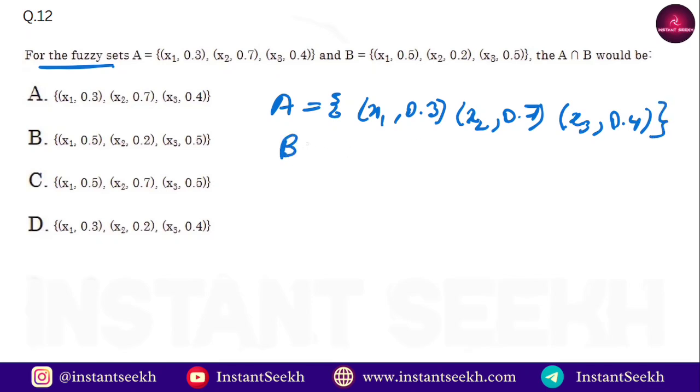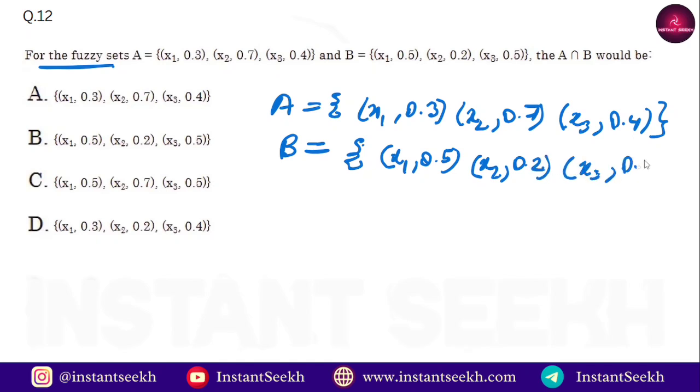And B we have (x1, 0.5), (x2, 0.2), (x3, 0.5). Okay, so what it is saying, the A intersection B would be what? A intersection B would be what?